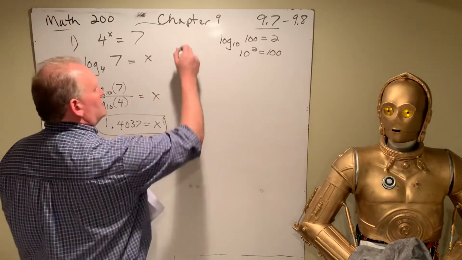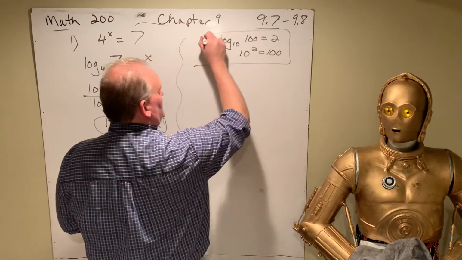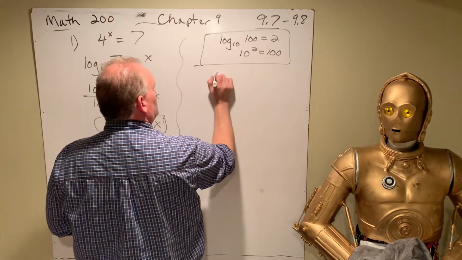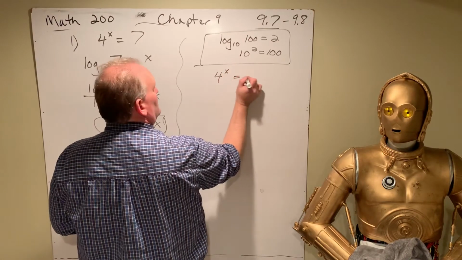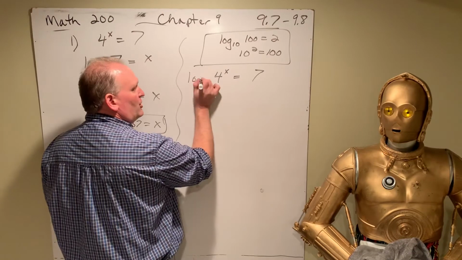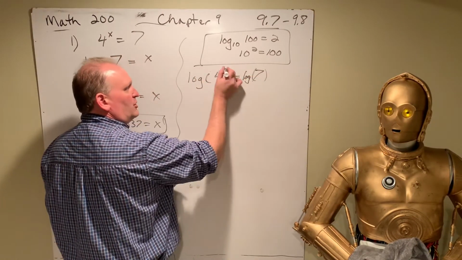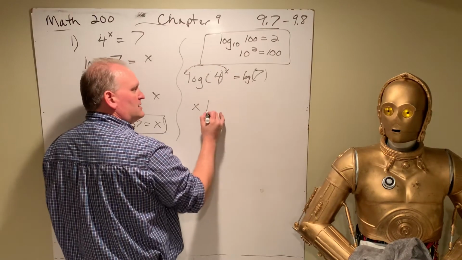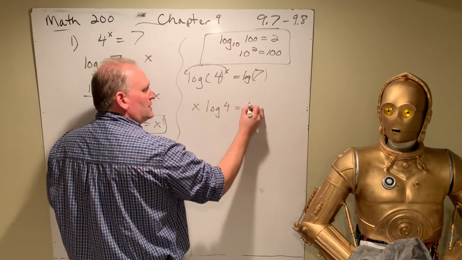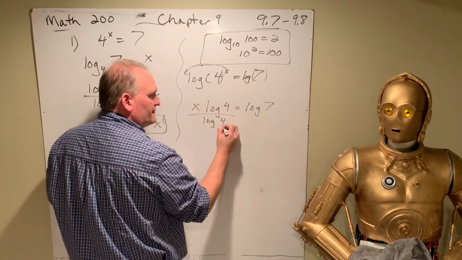Oh, also, I'll show you another way to do this. A lot of students didn't like that way, like just writing it, converting it into a log. If that's confusing you, you can do it another way. You still got to use a rule of logs. You could do like what they call take the log of both sides. You throw a log in there, a log in there, and then you pull this down. So you get x log 4 equals log 7, and then you divide out the log 4.